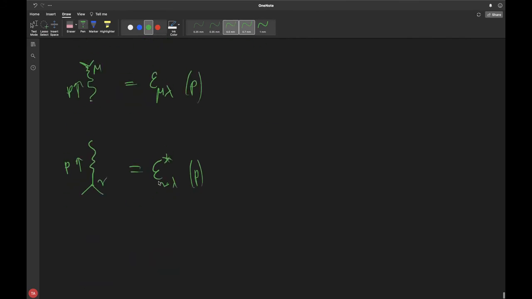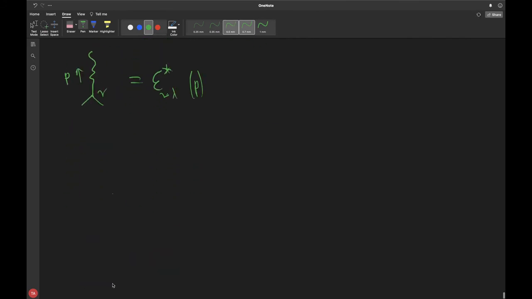So let's have an example with these two. We have an electron incoming, or let's call it an electron positron. The electron goes like this, and that means that the positron will go like this. You should also know that the momentum goes like that.